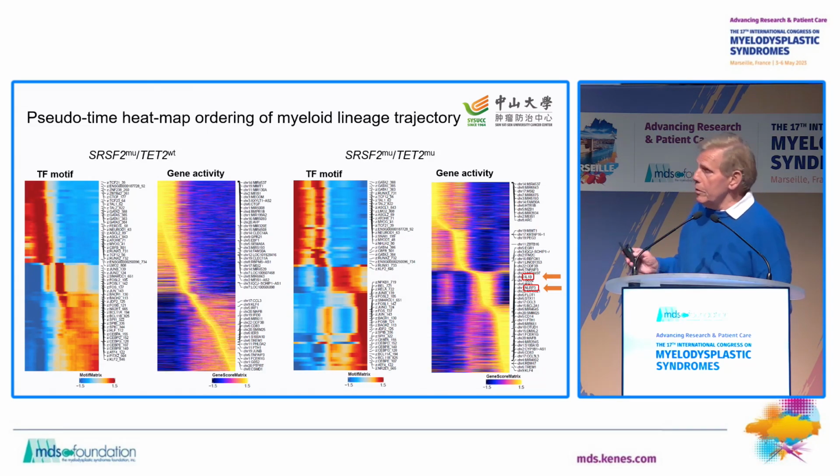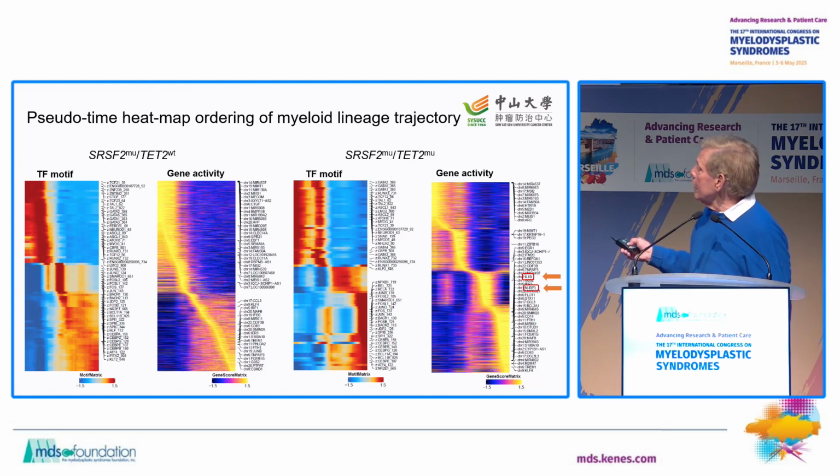Now, I apologize for this. Let me take you through it. I realize people can't read the details, but this is a pseudo heat map ordering of the myeloid lineage trajectory. So here you have SRSF2 mutated with wild-type TET2, and here you have the co-mutated single cells. And we look at transcription factor motifs and gene activity.